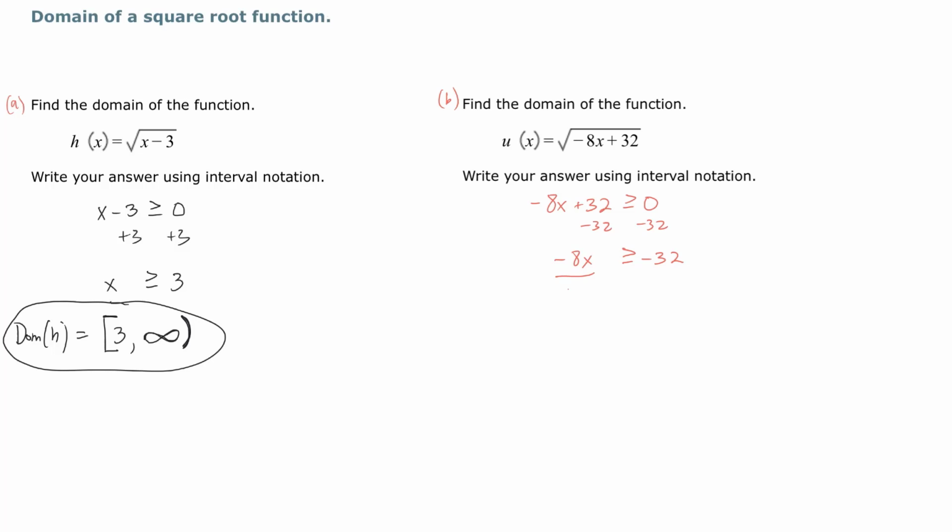When you divide or multiply by a negative number in an inequality, be sure to switch the order on the next line. You're basically flipping the number line. So x is now less than or equal to positive 4. Let's write the domain of u. The domain of u is equal to negative infinity, and then you shade up to 4 and include it with a bracket.